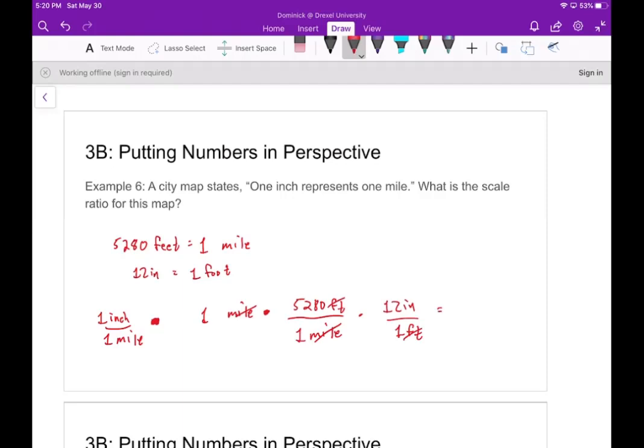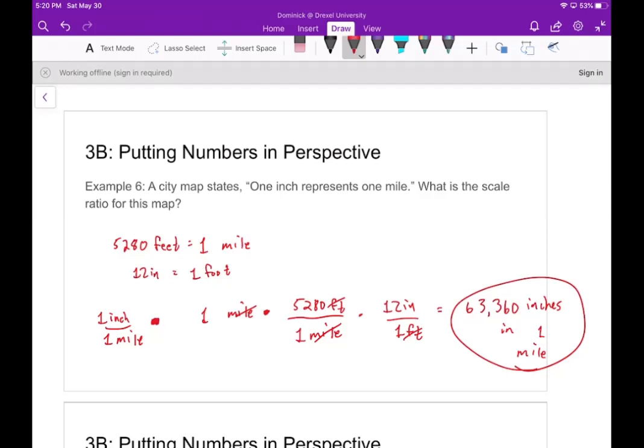So then if I multiply 5,280 by 12, I get 63,360 inches in 1 mile. So then that would be your scale ratio.